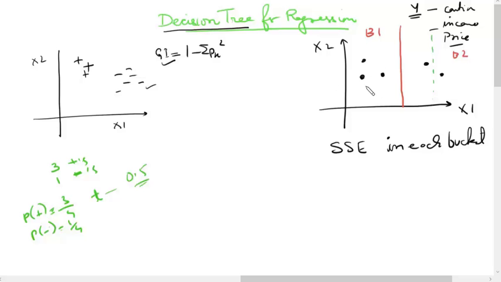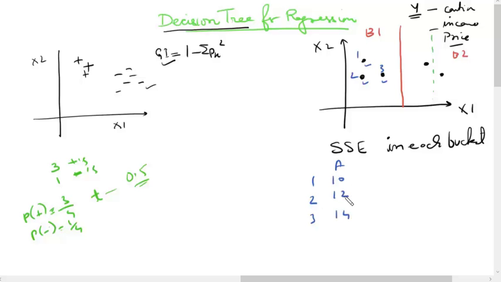So let's say we are discussing an example of the Boston data set where prices are represented by some continuous value. We have 3 houses in the same bucket, 1, 2, 3 here in bucket B1. So what we would finally predict is the average of all the 3 houses. Let's say this is house 1, house 2 and house 3, and their actual values might be something like this.